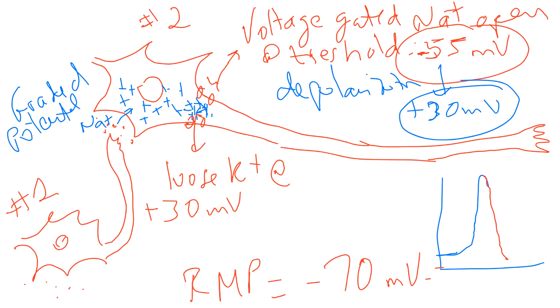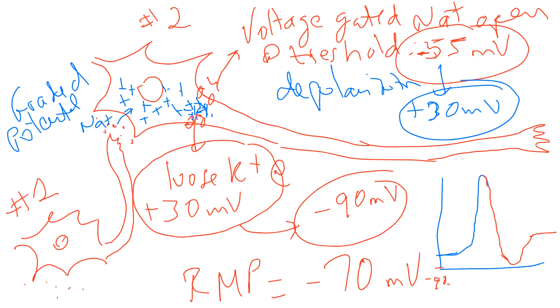So it's going to become very negative, and then the sodium-potassium pump will bring it back to the resting membrane potential. The loss of potassium ions from inside the cell takes the cell all the way to minus 90 millivolts. So make sure you know what an action potential looks like. Make sure you know the steps of an action potential, what is depolarization, what is hyperpolarization. And finally, this is just a very quick overview.